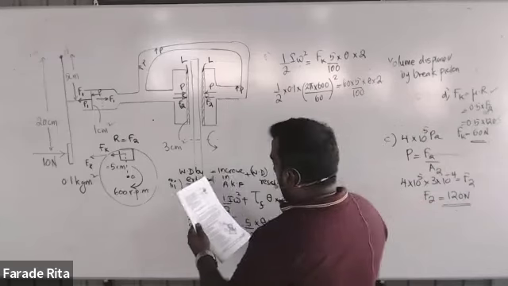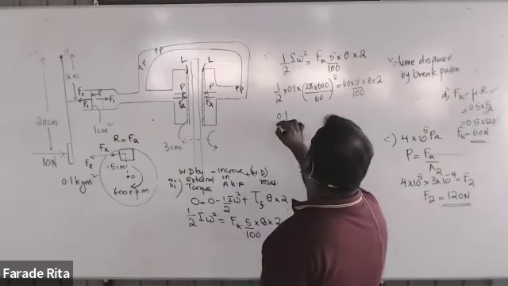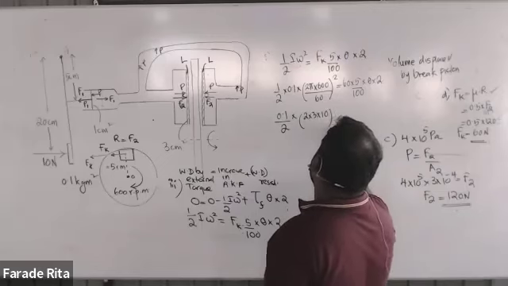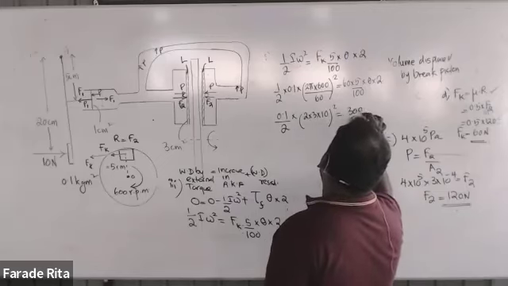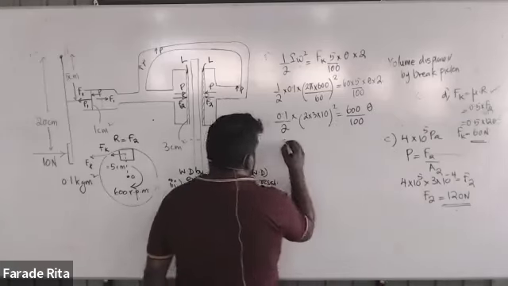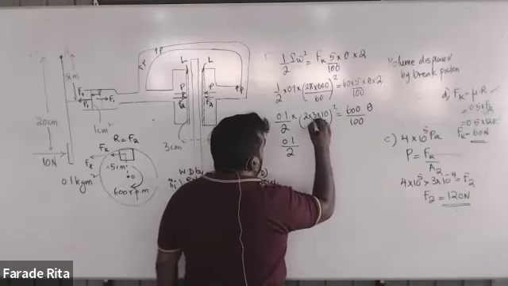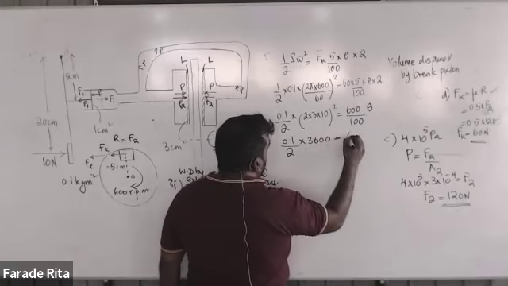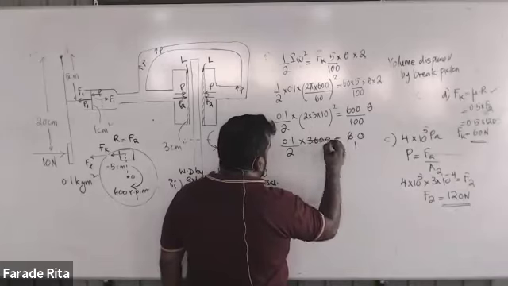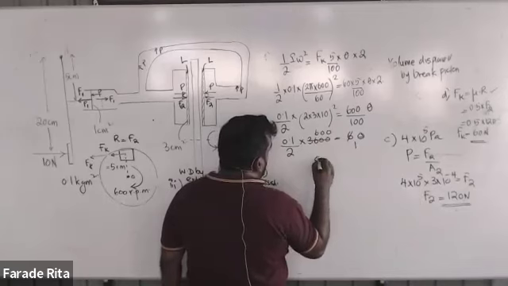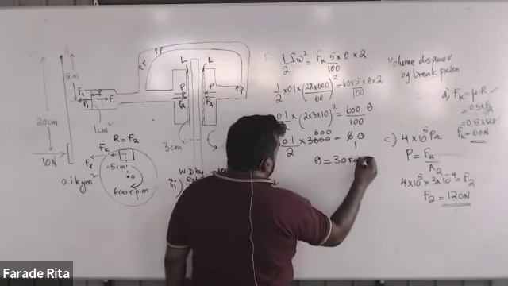They are telling you to take pi as 3. 0.1 divided by 2, pi as 3, 300 times 2, 600 divided by 100 theta. 0.1 divided by 2, 60 squared, 3600. 6 theta, 6 times 1, 600, 300. Theta is 30 radian.